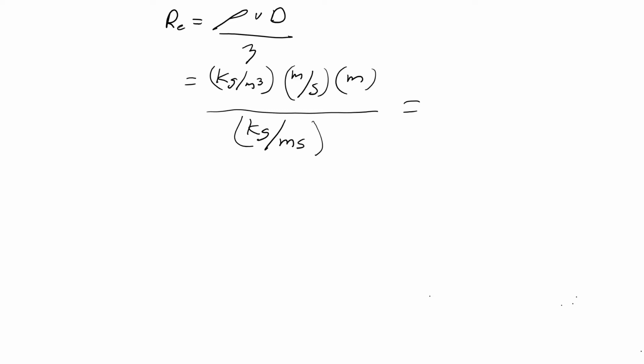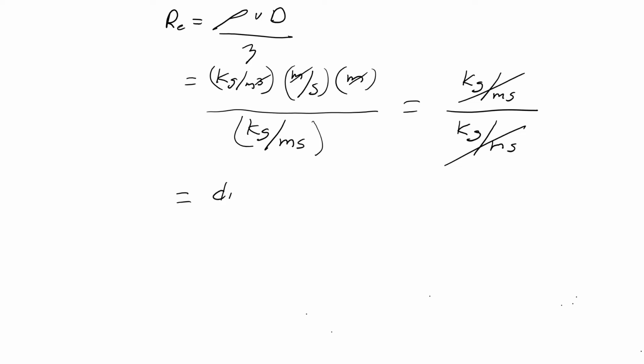We've got meters cubed on the bottom, meter squared. We can get rid of that. So on the top we have kilogram over meter second. What do we have on the bottom? Kilogram over meter second. Those can cancel out. And we end up again with one of these dimensionless variables.